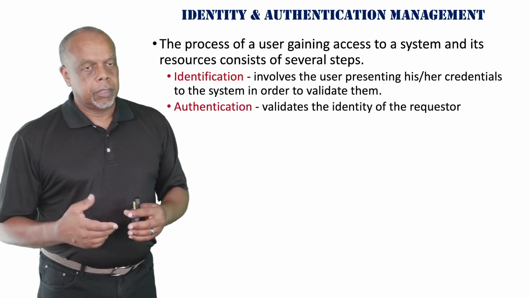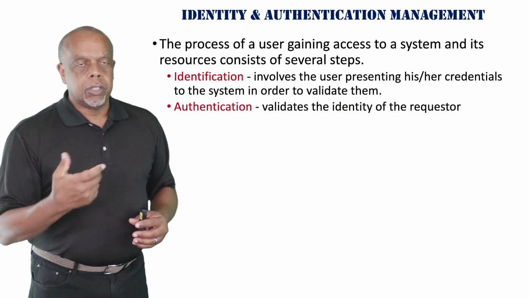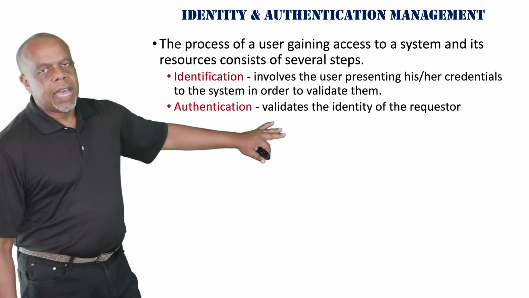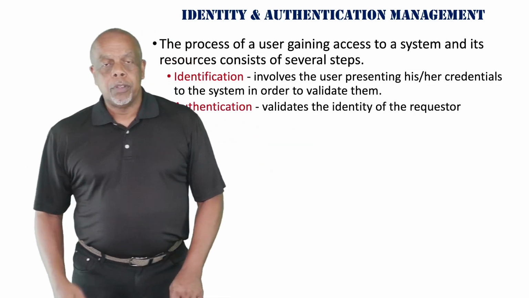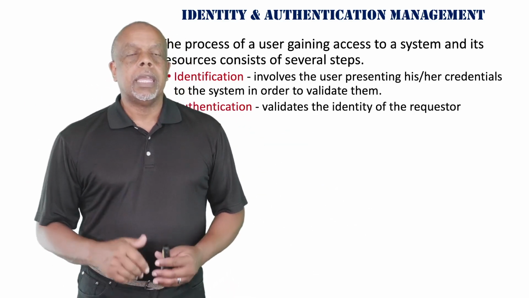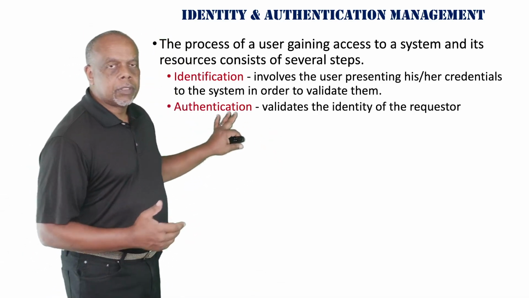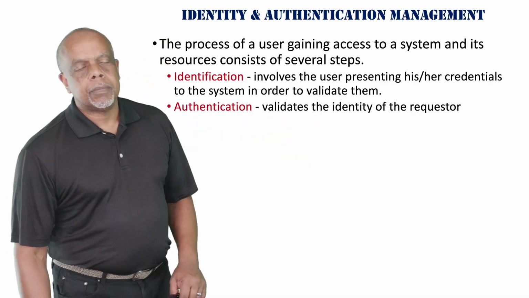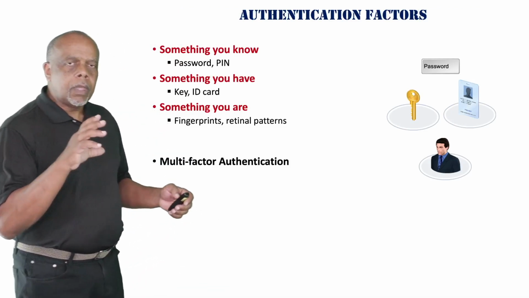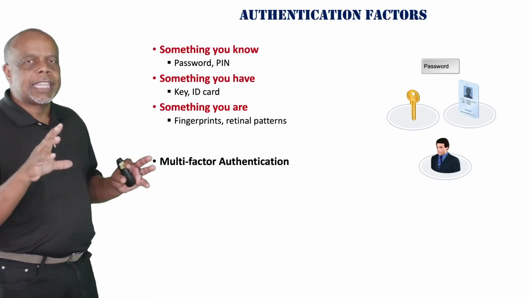Okay, it could be a card. You may have a token that you would put in. Authentication validates the identity. If you work in an organization where you have a token, you may slide that card in and it identifies you, but you still would have to type in a PIN before you're given access. So when we think about that, we have to work with what we call authentication factors.